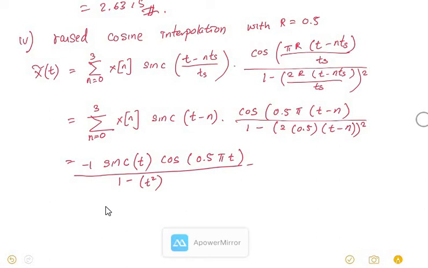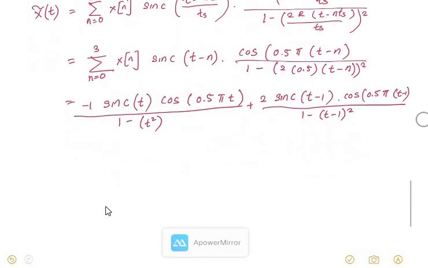Plus when n equal to 1 is 2, you get 2 sinc(t minus 1) multiplied with cos(0.5 pi (t minus 1)) divided by 1 minus (t minus 1) squared.